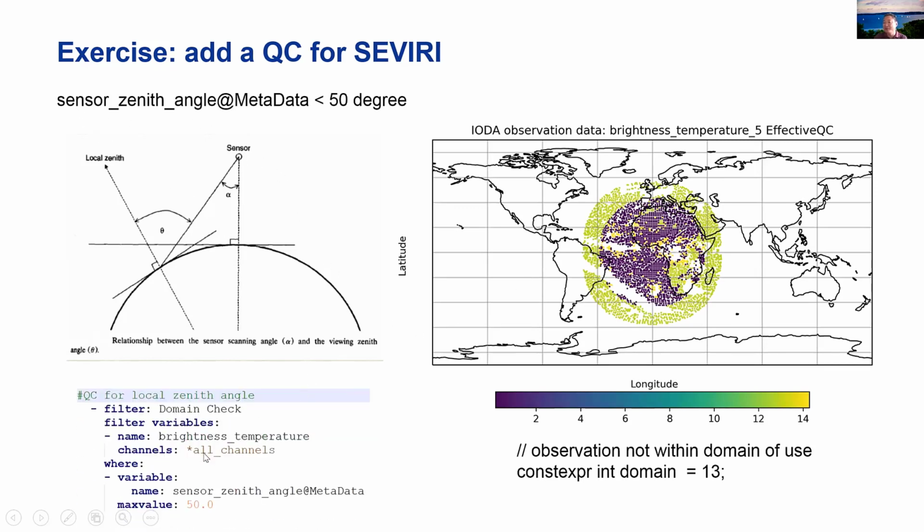To do that, just use the domain check, use the where function, and specify the sensor local zenith angle as well as the threshold. So I think it's also very nice for further studies. If you want to perform some experiments, just change the YAML threshold, and then you can run your experiment and clearly see the impact.